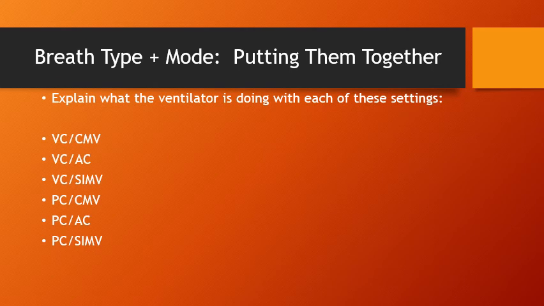If you can tell yourself how the ventilator is acting in each of these 6 settings, then you're doing really well. So if you're confused, rewind the video, go back and look at each of those breath types and modes, and try to figure out what the ventilator is doing in each of those.